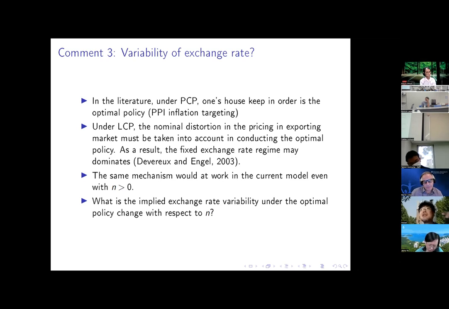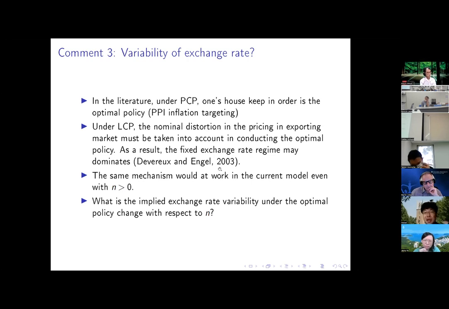So the central banks under PCP like to target the nominal rigidity by looking at the domestic producer price inflation. But under local currency pricing, since exporters take into account the future fluctuation in the nominal exchange rate, the central bank should also need to consider this dimension, right? So this is another nominal distortion in the model.